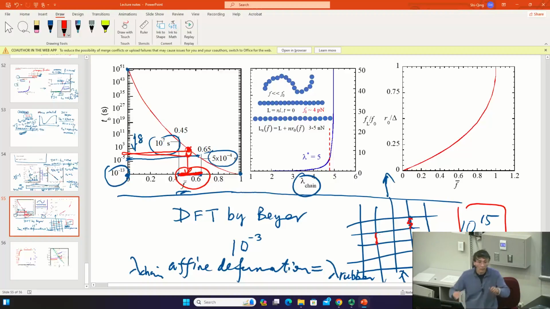In other words, when I stretch a piece of rubber, no matter which day, who does it, since it breaks in a few days versus a few milliseconds, it will involve a force of this range. Do you agree on this? It doesn't involve a force here because that takes longer than the universe.